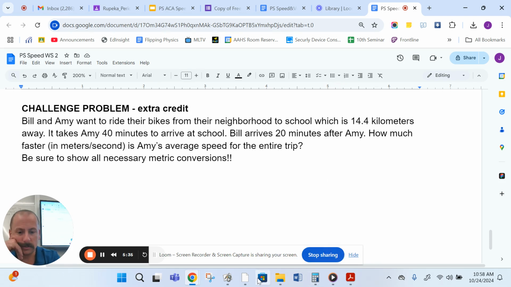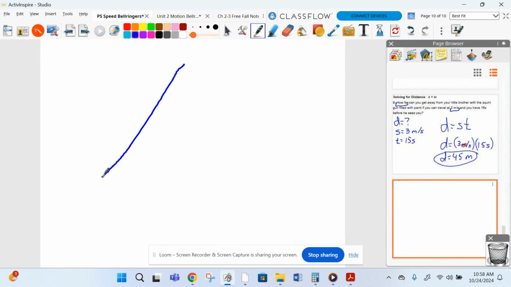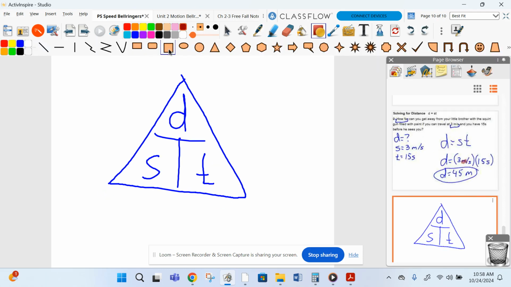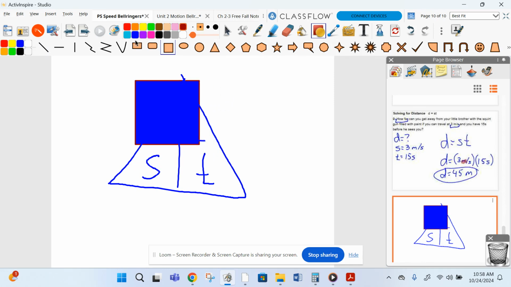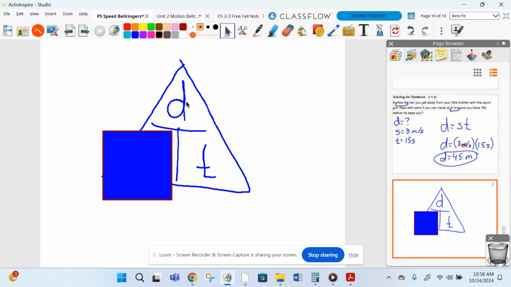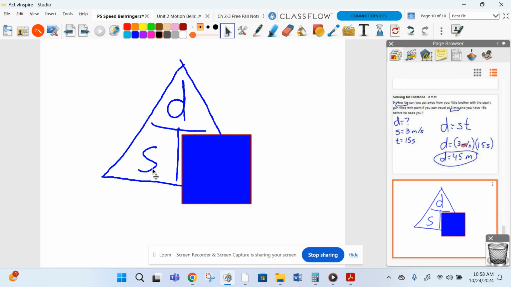You can also, if you're not sure about the equations, I did mention the triangle, as you have S, D, T. If I'm solving for the distance, S and T are beside each other. If I'm solving for the speed, it's distance over time. If I'm solving for time, it's distance over speed. That's a way that you can go through if you want to try to remember.